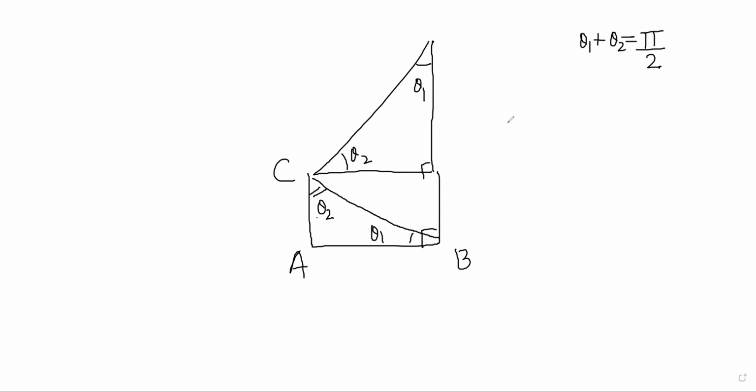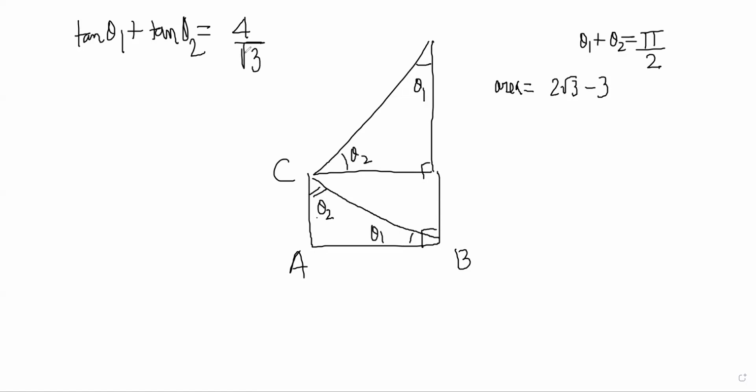And the area of triangle CAB. I am getting tan theta 1 plus tan theta 2 as 4 by root 3. You're getting tan theta 1 plus tan theta 2 as 4 by root 3? Yes, sir, 4 by root 3. How? Sir, using that root 3 BE equal to 4AB.